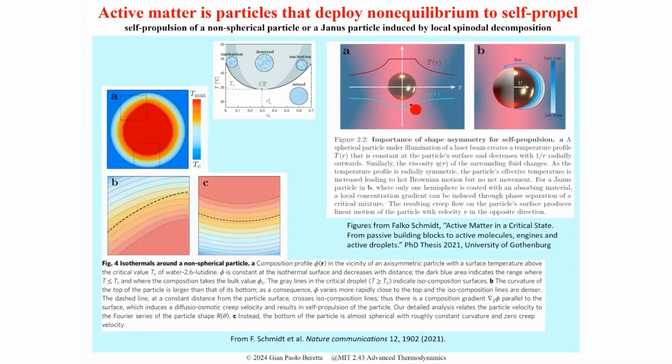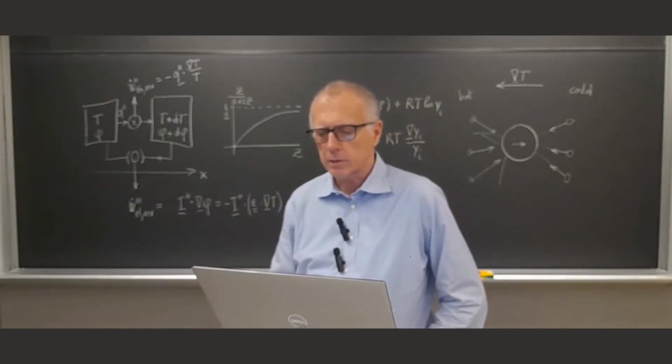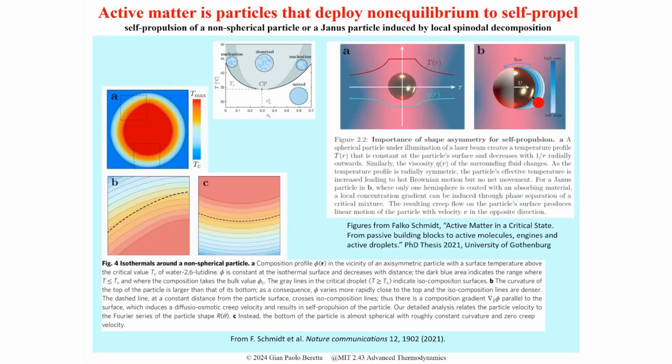And there are two kinds of particles. This one, which has a double face, is called a Janus particle, because Janus is the Greek god with two faces. So this particle is gold-plated on one side and not on the other side.